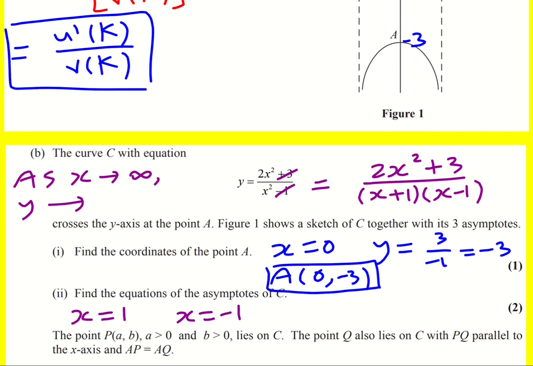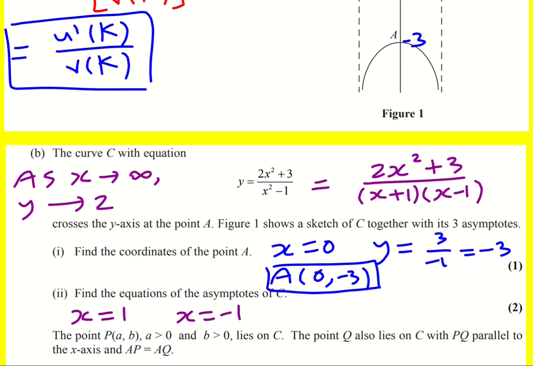It's not going to come into it. And then as x gets really big, x squared is going to get really big, but look, you can see that these are going to get really big by the same amount, this x squared and this x squared. And what the function is going to tend towards is that 2. So as x tends to infinity, y will tend to 2.